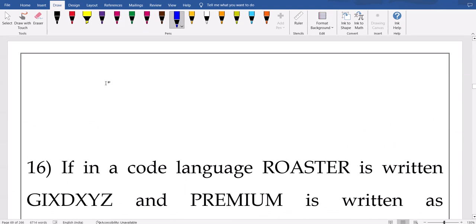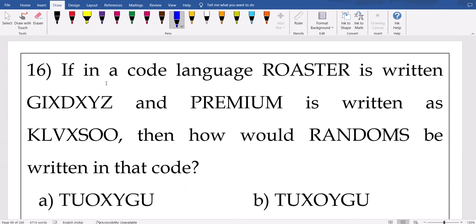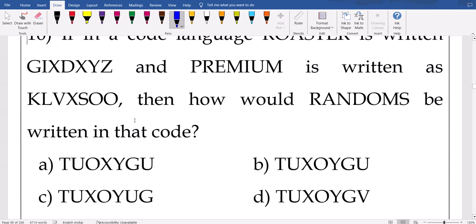16th one, roster is written as GIX, DXYZ, and premium is written as KLV, XSW. Randoms is given as what? And in fact, every option starts with TU. At least there you crack the logic.